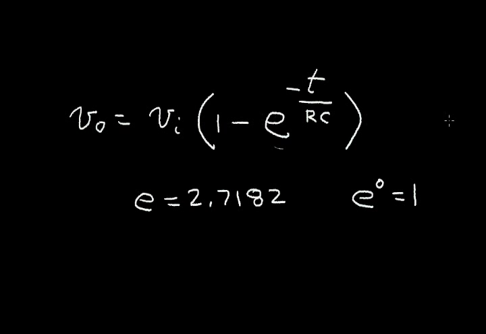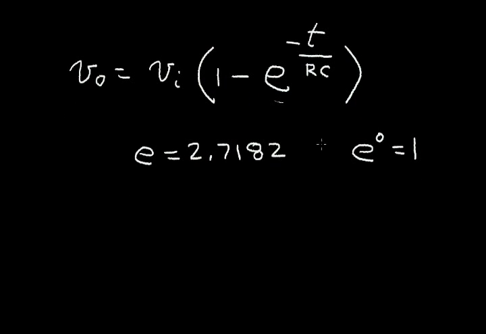So let's examine a certain point in time for this curve. Let's say that we give it an input voltage, VI. VI stays constant, and the output, V out, starts charging up.